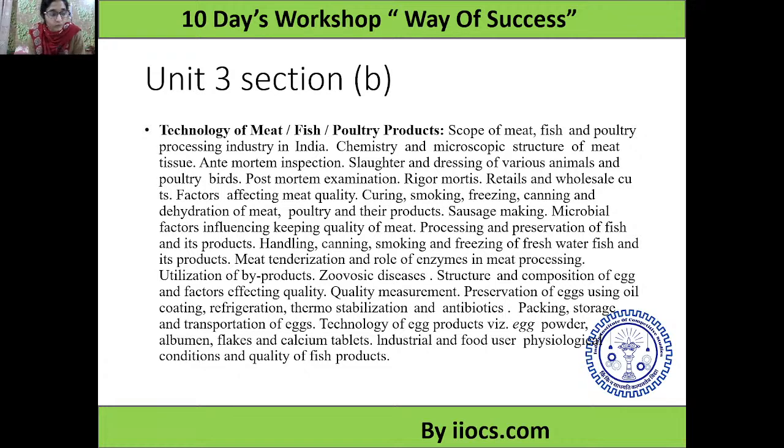Then we'll also be covering the retail and wholesale cuts, the factors affecting the meat quality. Then we'll see the different processing steps in the meat, that is the curing, smoking, freezing, canning, and the dehydration of the meat, poultry, and their products.